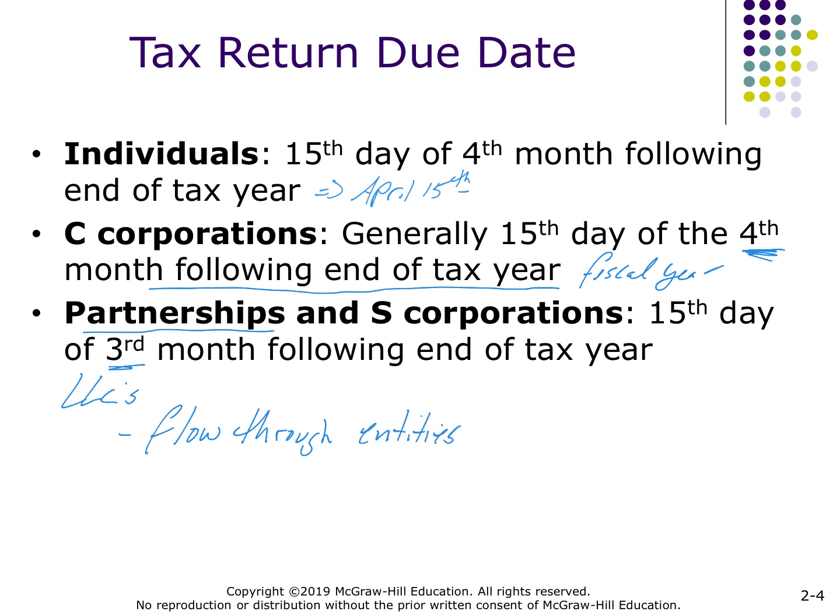And flow-through entities actually file an information return and Schedule K-1s, and we'll talk more about this in Chapter 15. Those K-1s feed into individual tax returns of the owners.